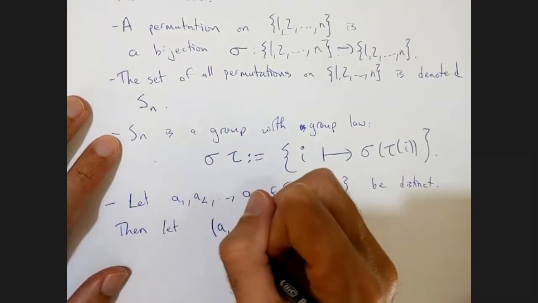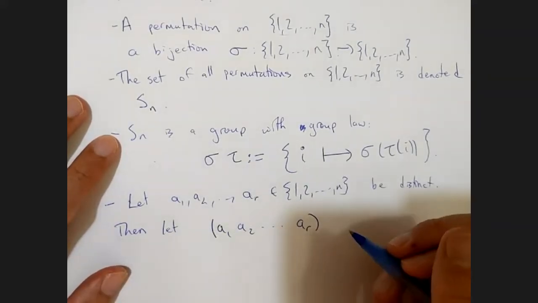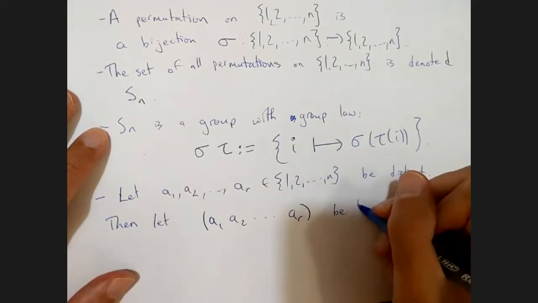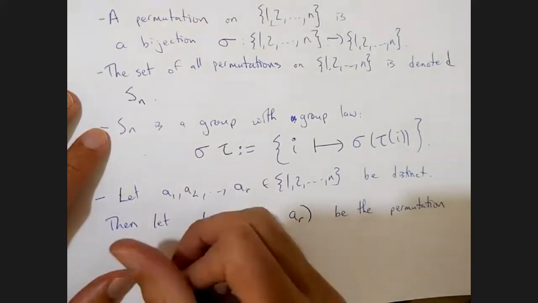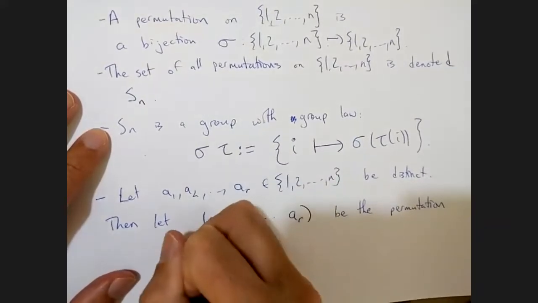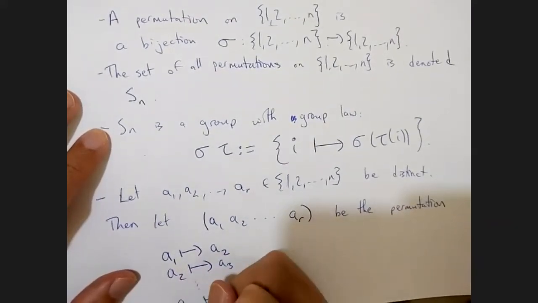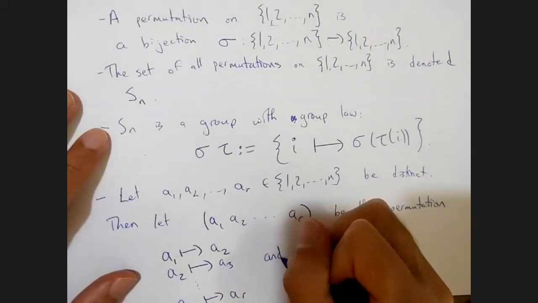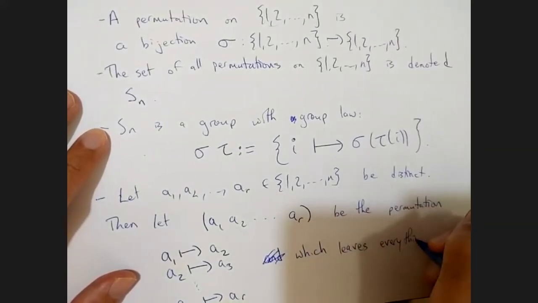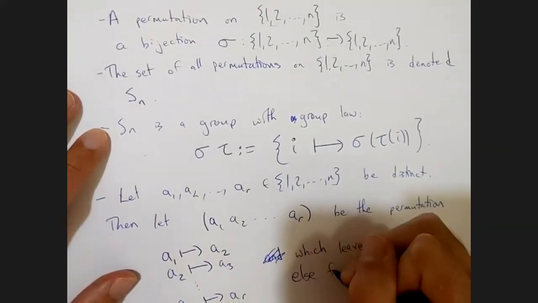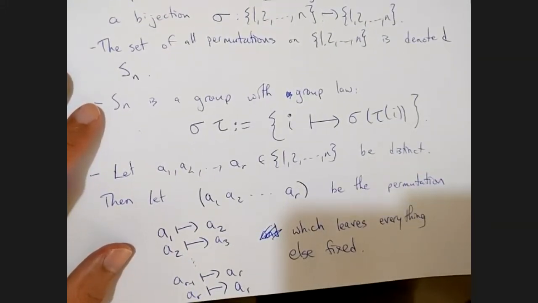Then use this notation: write down all the symbols in brackets, and this is the permutation that maps a1 to a2, a2 to a3, and so on, maps a(r-1) to ar, and then maps ar to a1, and it leaves everything else fixed.